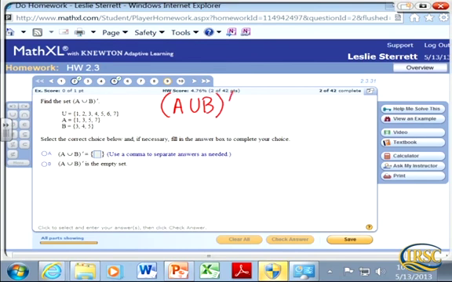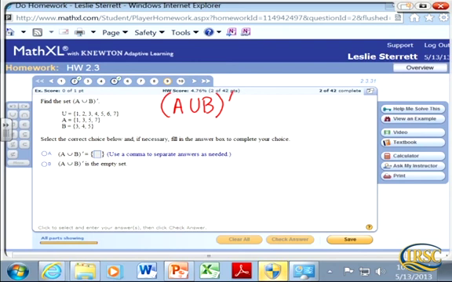And what that means is you're looking for the complement of the union of the two sets. Now, set notation, set theory, is the same as any other type of math where you have to follow order of operations. So if you're following order of operations, that means you want to do what's inside parentheses first, and then work your way outside of parentheses.